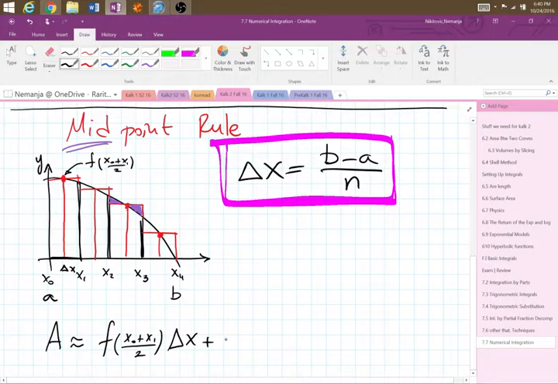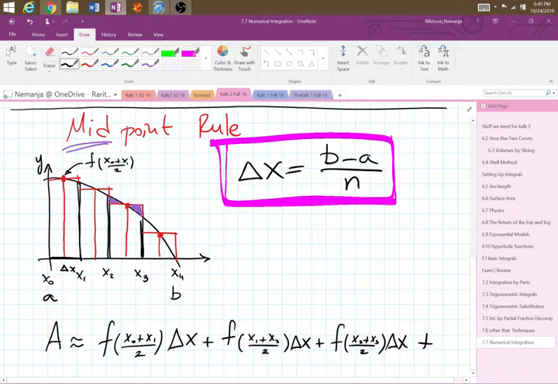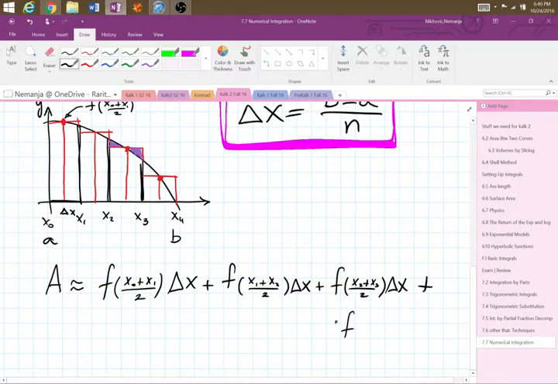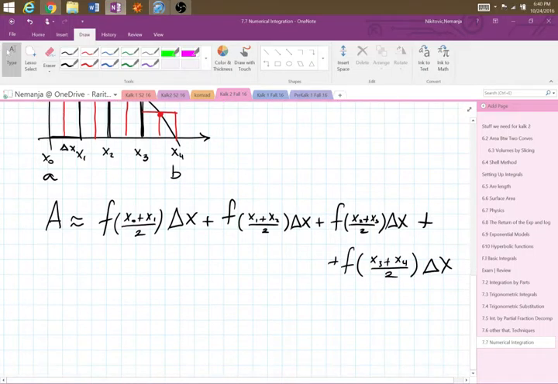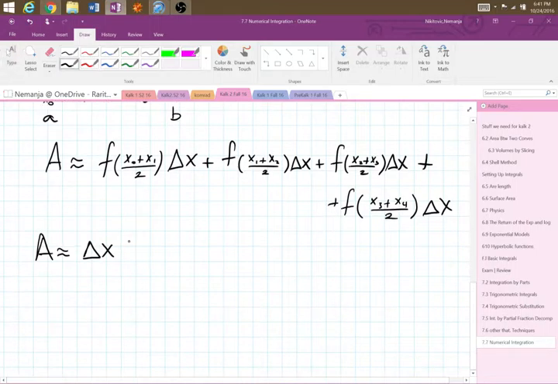So in this case, I will also have f of (x1 plus x2) over 2 delta x plus f of (x2 plus x3) over 2 delta x plus the last is f of (x3 plus x4) over 2 delta x. So now A is given as: factor out delta x. You can factor out in front or in the back, it doesn't really matter.